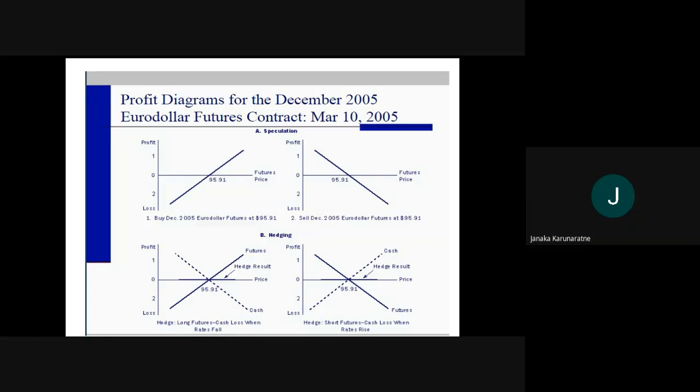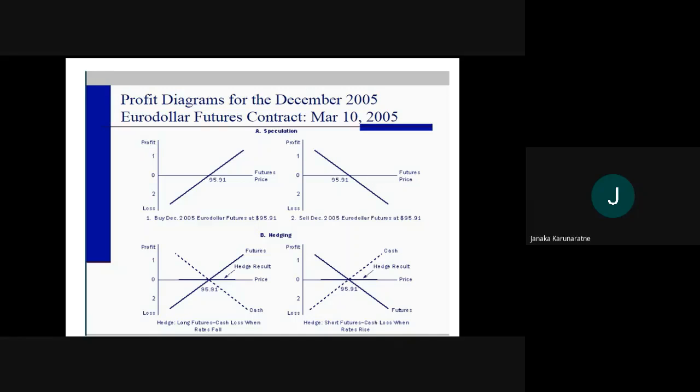What is the risk? You have to look from the risk perspective, depending on what you do as a banker. If the market interest rate is going to come down, your investment income will go down.